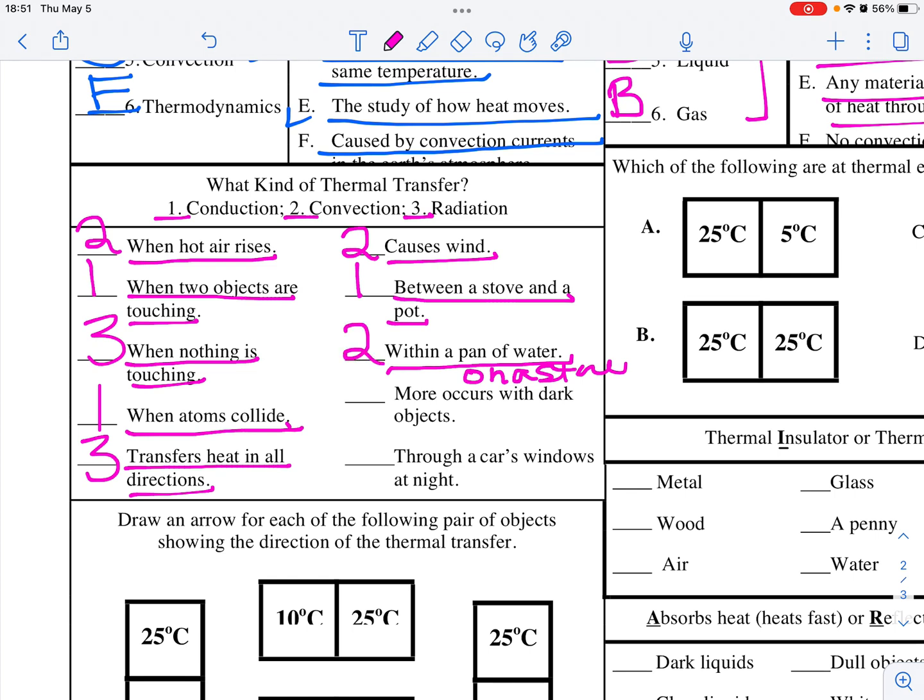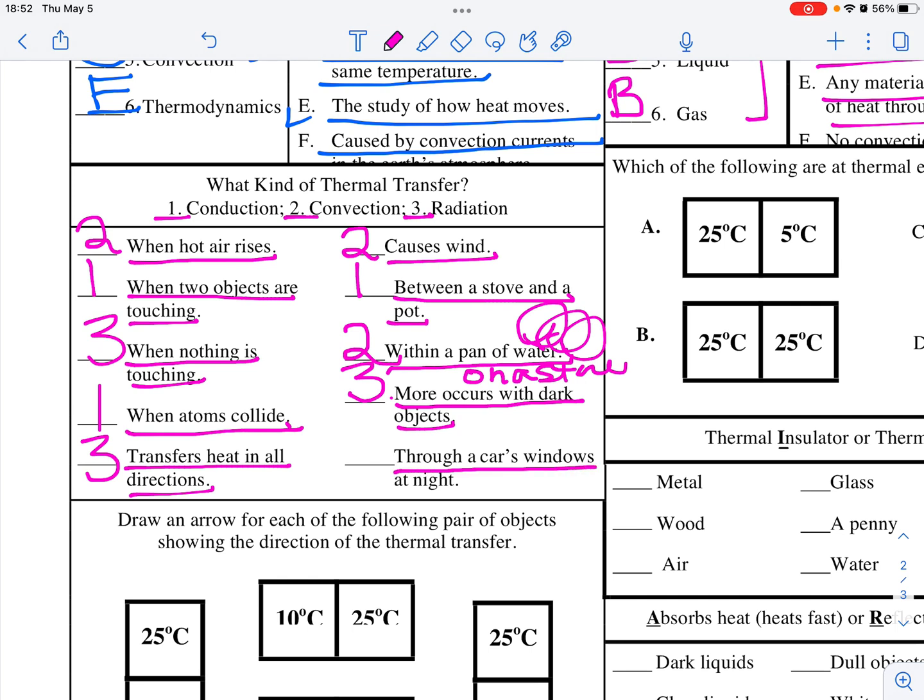And that would make this one convection. Within the pan of water, those are going to mean that it's sort of going like that, moving around. More of this occurs with dark objects. And that will be number, if you said 3, you are correct.